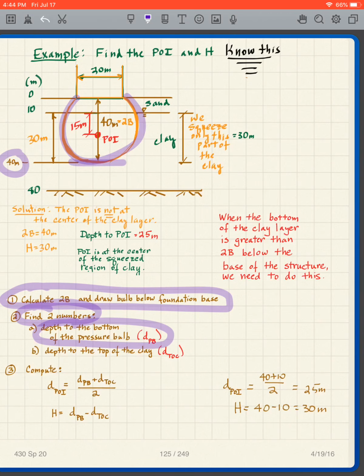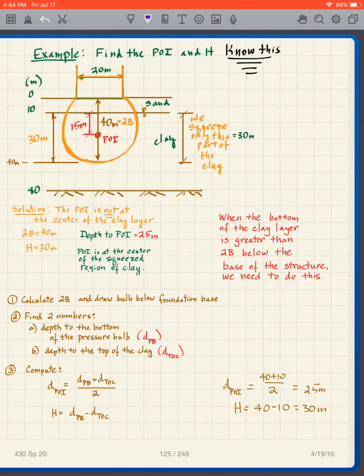Okay, so find that. The next thing we want is the depth to the top of the clay layer. Call that D sub TOC. The depth to the top of the clay layer is 10. And what we're going to do then with those two numbers is compute the depth to the point of interest, which is the sum of those two numbers divided by 2, because it's the average of the top and the bottom.